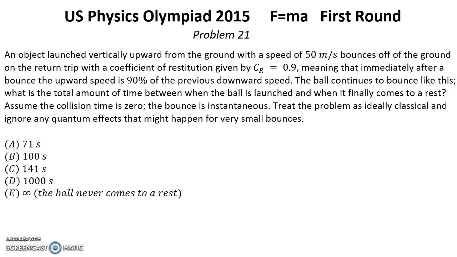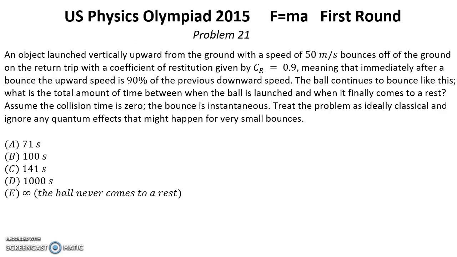Problem number 21. An object launched vertically upward from the ground with a speed of 50 meters per second bounces off the ground on the return trip with the coefficient of restitution given by CR equal 0.9, meaning that immediately after a bounce the upward speed is 90% of the previous downward speed.